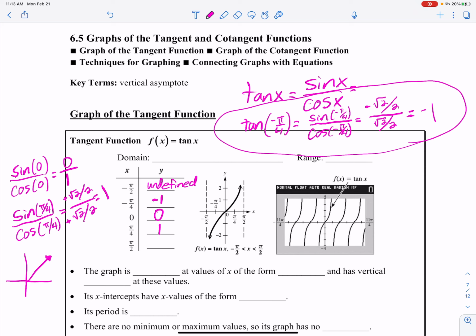Y is positive going up, x is going to the left, so if I divide them, positive divided by negative, I get negative. What I'm trying to get across to you is that all these tangent functions of anything over 4 is one of two values. What are those values? 1 or negative 1. So if the tangent's right in the middle, over 4, it's 1 or negative 1.